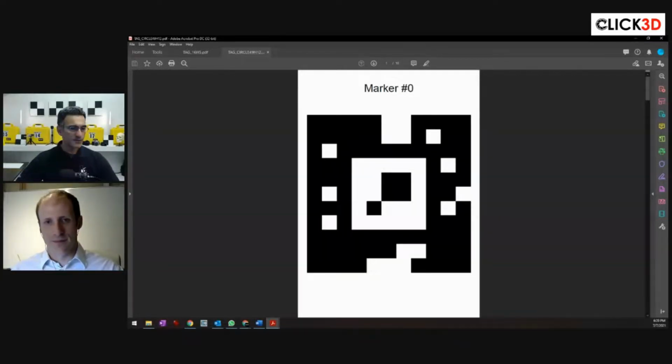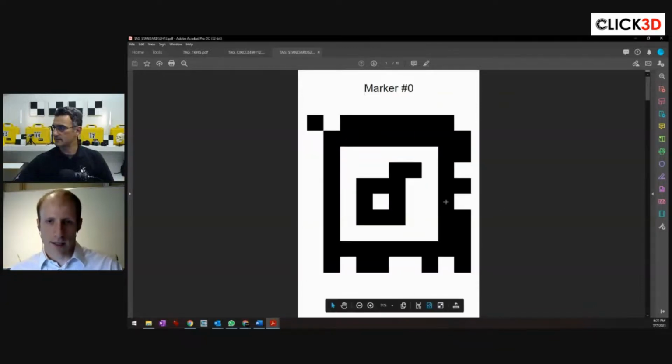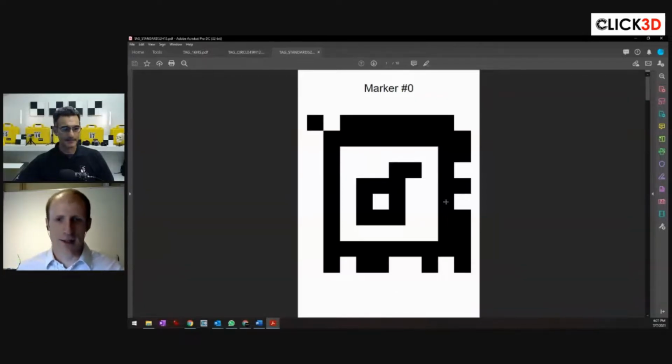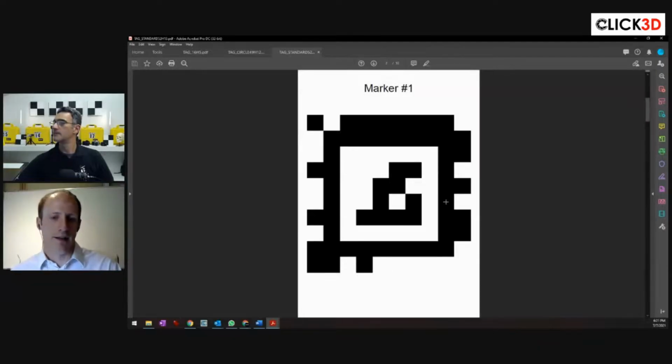And so now, which ones in your paper, which were the most recent targets that you worked on or created? So all of the other ones, other than the tag 36h11 style ones. Okay, so even this one I'm seeing here, tag standard 52h13? The standard one, for instance, is new, which is useful for a robotics application because you have that extra layer of data bits around the outside.